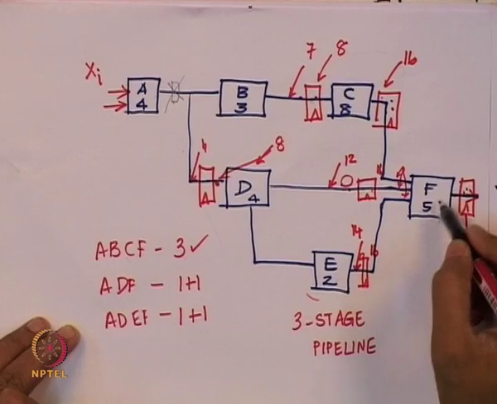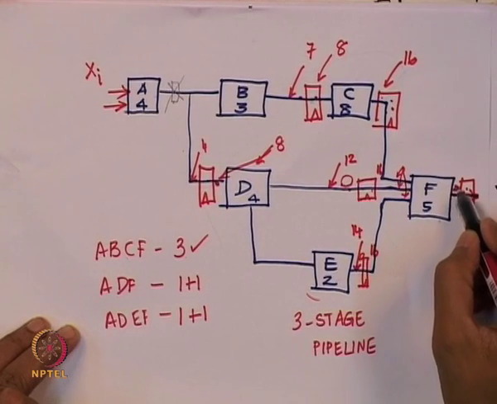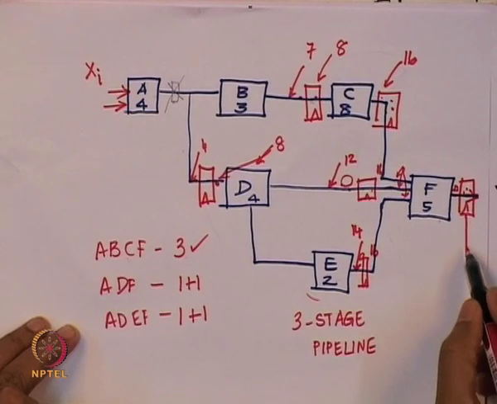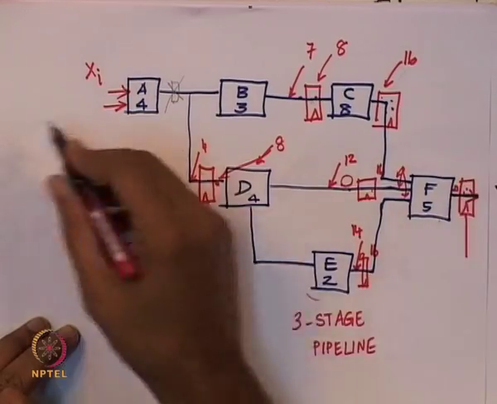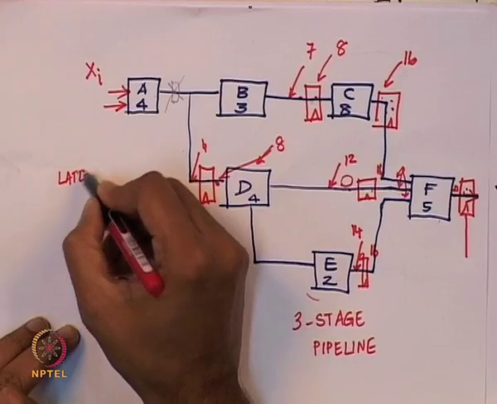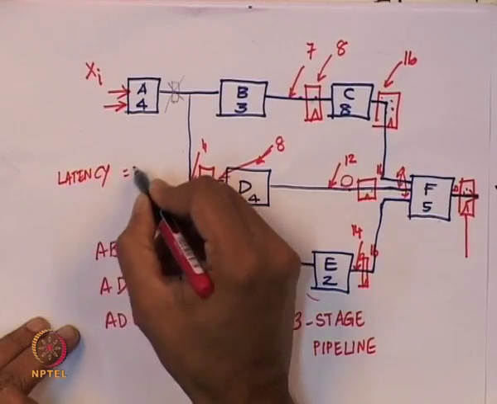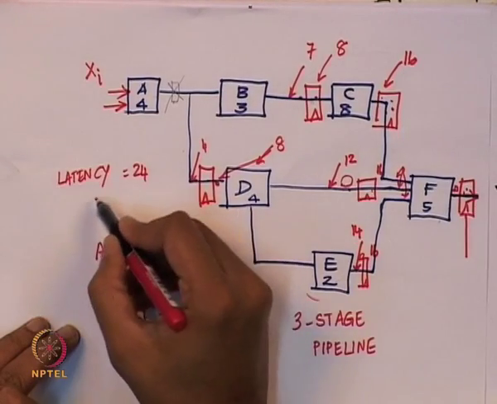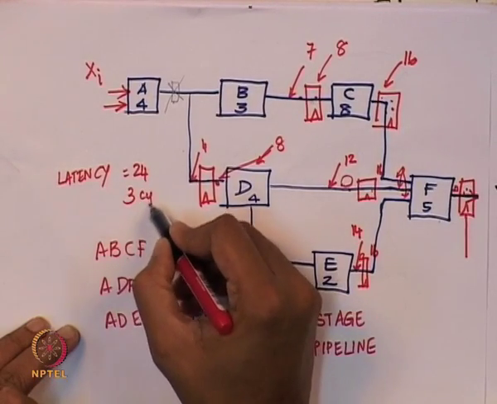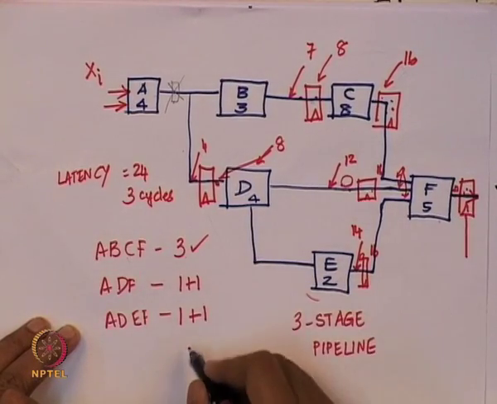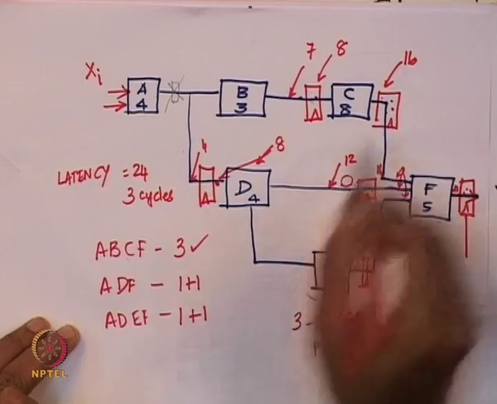Now, at 16 plus 5, 21, this flip flop's input will become stable, but the clock pulse is going to come at only 24. So, the latency through this system is 24 time units, whatever the time unit is, or in terms of cycles it is 3 cycles, and the clock period is 8 time units.